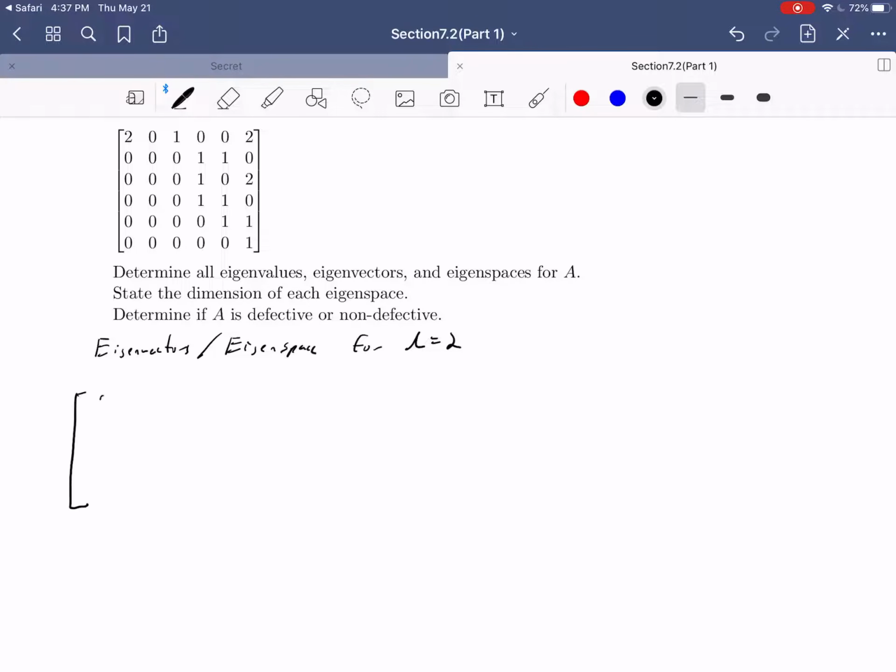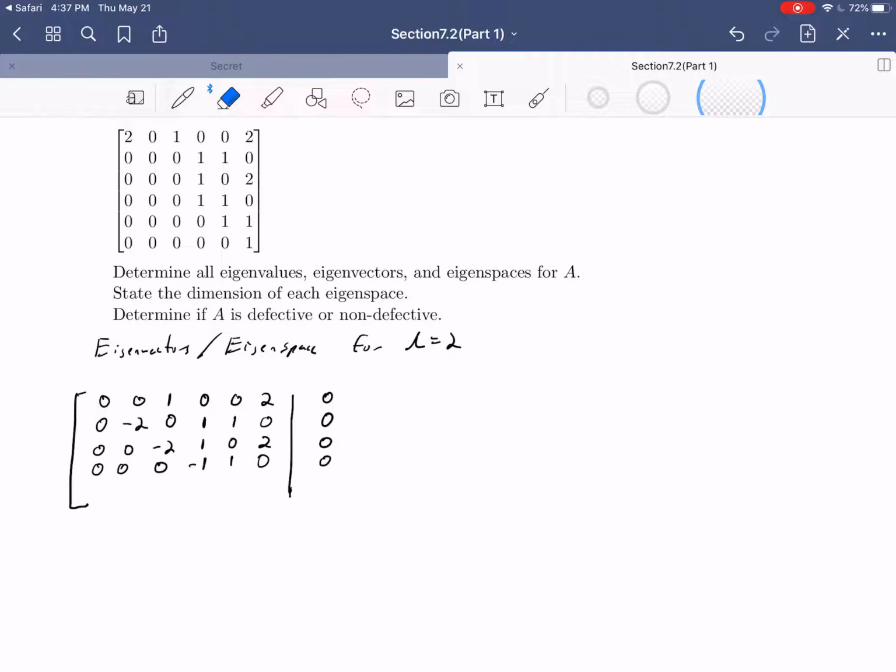So we'll have 0, 1, 0, 0, 1, 0, 0, 2, and then augment with 0. Then we'll have 0, negative 2, 0, 1, 1, 0, and 0. And then we'll have 0, 0, negative 2, 1, 0, 2, and 0. And then we'll have 0, 0, 0, negative 1, 1, 0, 0.